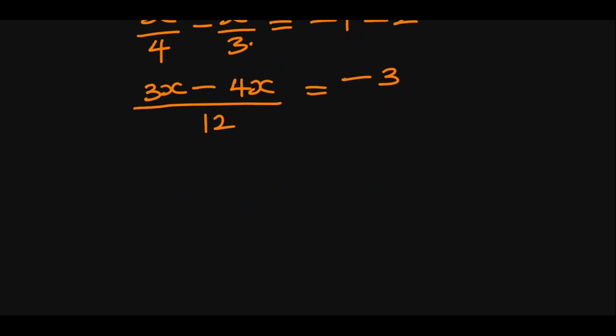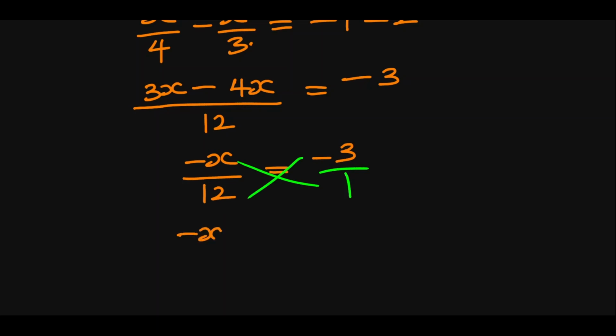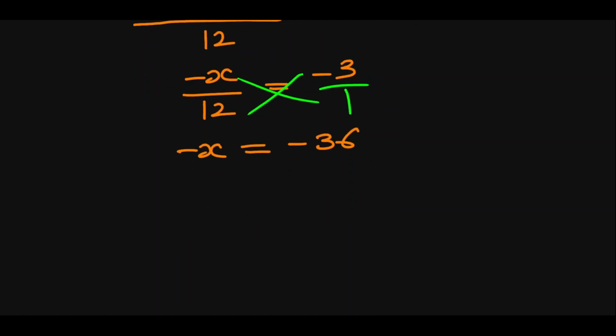If we simplify further, 3x minus 4x is minus x. So minus x over 12 is equal to minus 3. And if we use the cross multiplication we talked about, this will now give us minus x times 1, which is minus x, is equal to 12 times minus 3, which is minus 36. And because we have minus on either side, we want to cancel the minus.